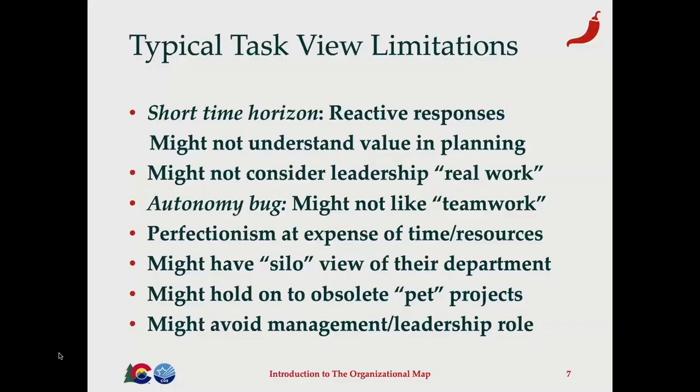And the task limitations, again, we have to generalize. All models of human behavior are totally inadequate. So this is broad brush, but it might give some insights to why there's sometimes conflict between employees and their supervisors, regardless of what they're doing in the workplace.